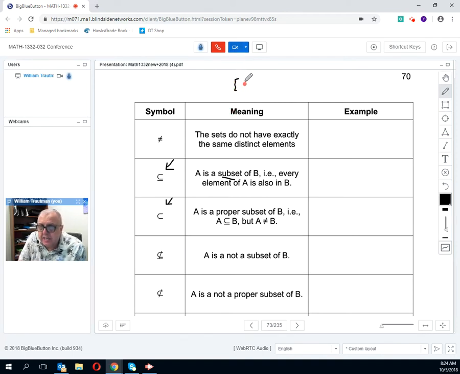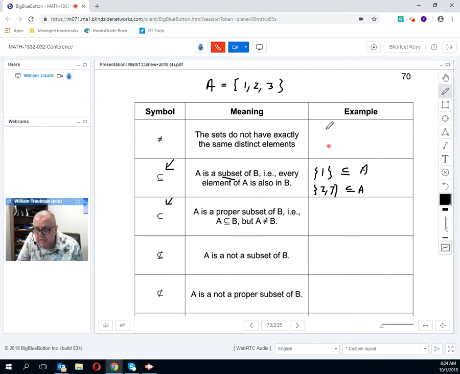Let's say I have the set, I'm going to call it A, 1, 2, 3. If you just say 1, that is a subset of A, right? Because you can take 1 out of there. 2, 3 is a subset of A because 2 and 3 are there.